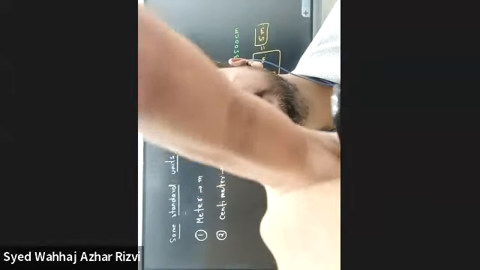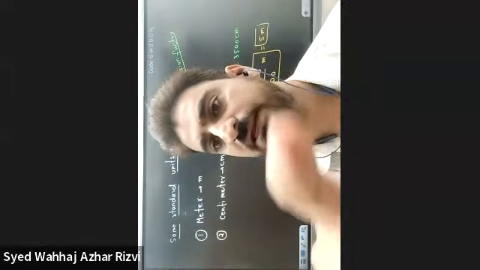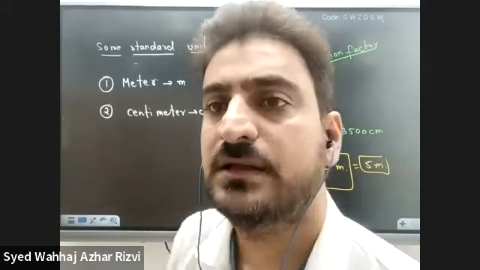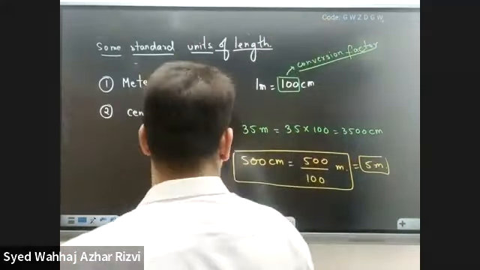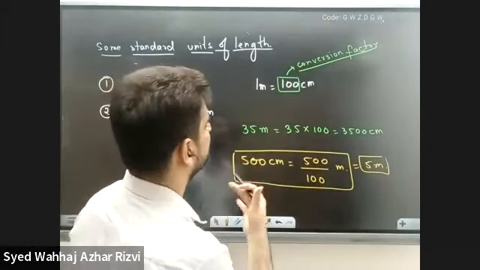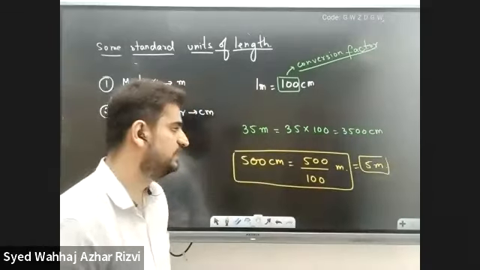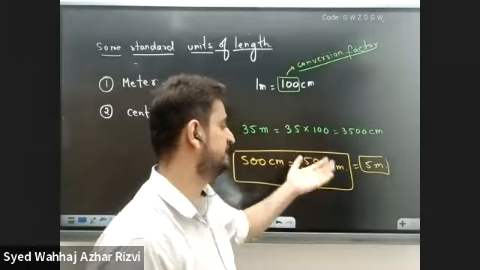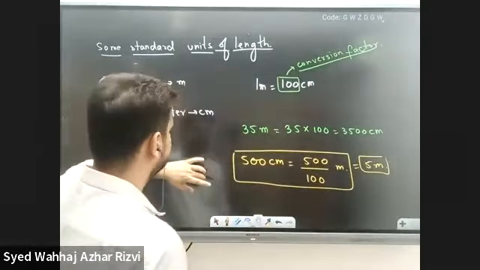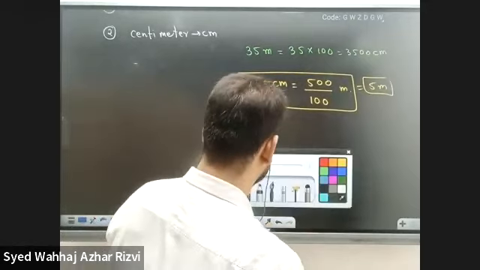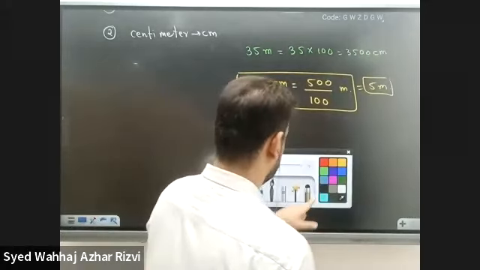Good. Okay, so let's keep on going, and let's keep working with what we were doing. So what we were actually trying to understand was what is a conversion factor? How do we convert the quantity from one system of unit to another unit, right? So for that, we were actually discussing conversion factors.